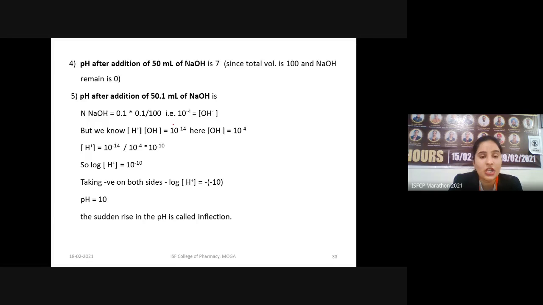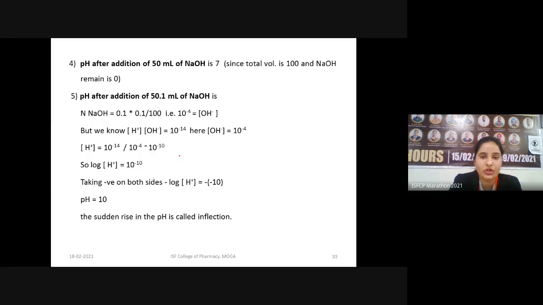Now since we know the concentration of OH- ions, we will apply the equation according to which the concentration of proton ions multiplied by the concentration of hydroxyl ions is equal to 10 raised to the power minus 14. This is a well-known equation.